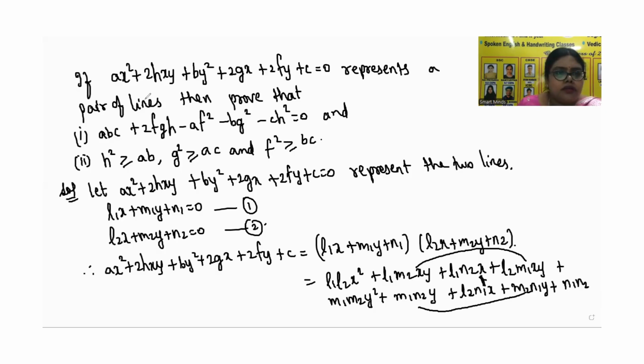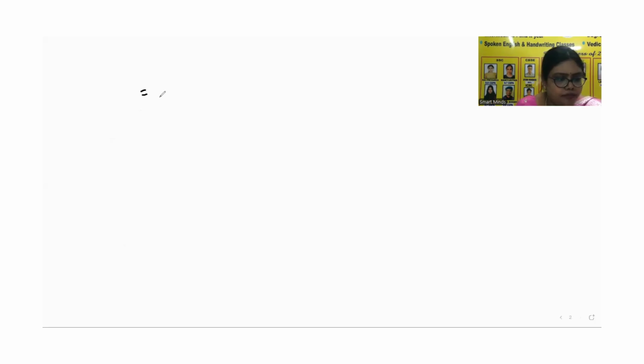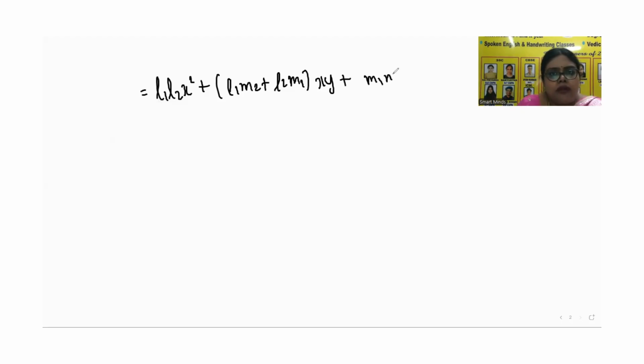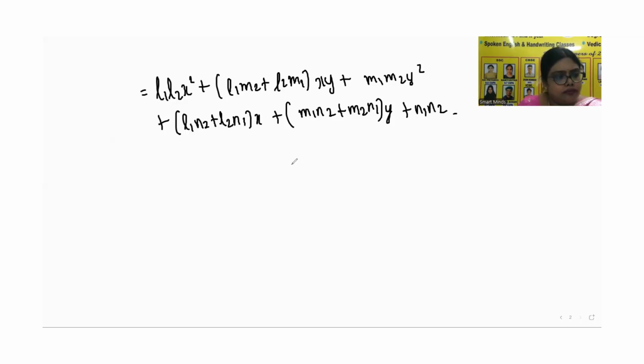So that is equal to L1 L2 x square plus L1 M2 plus L2 M1 into xy plus M1 M2 y square plus L1 N2 plus L2 N1 into x plus M1 N2 plus M2 N1 into y plus N1 N2.